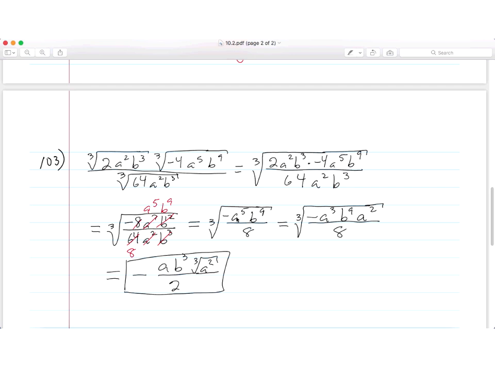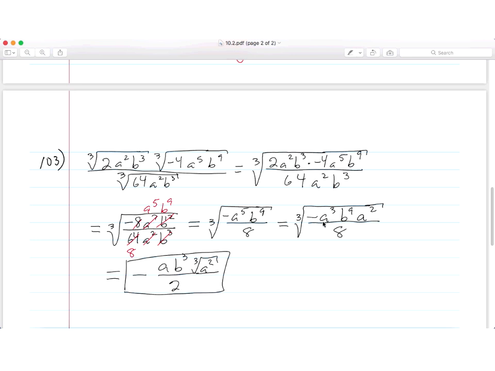Let me write a to the 5th as a cubed times a squared. B to the 9 is already a perfect cube since 9 is a multiple of 3.